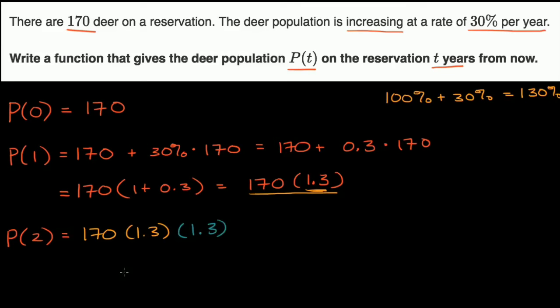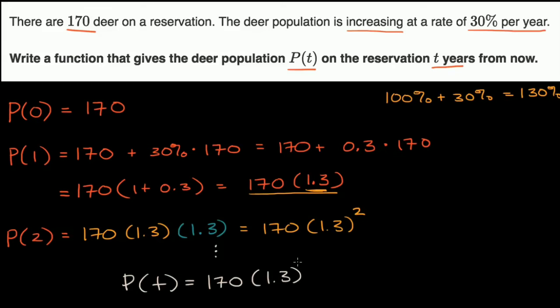And so you will multiply your original quantity by 130%, and 130% is the same thing as 1.3. So if you are growing by 30%, you would multiply the initial quantity by 1.3.